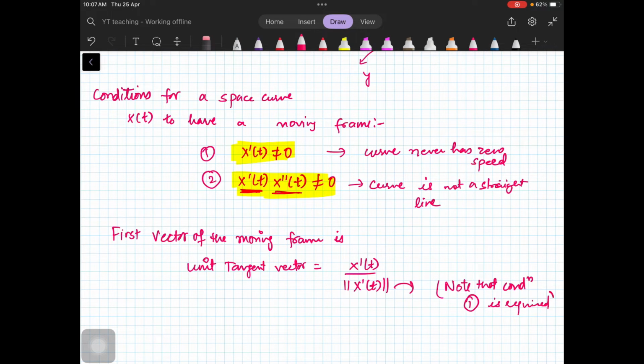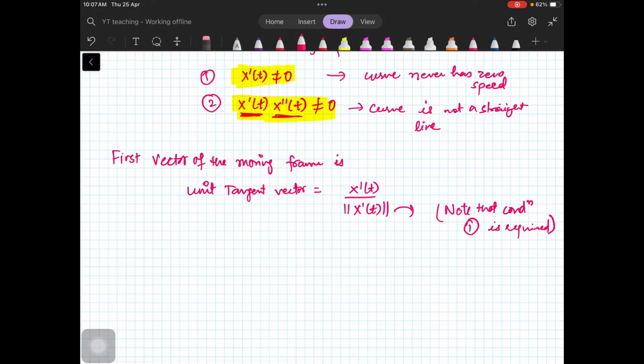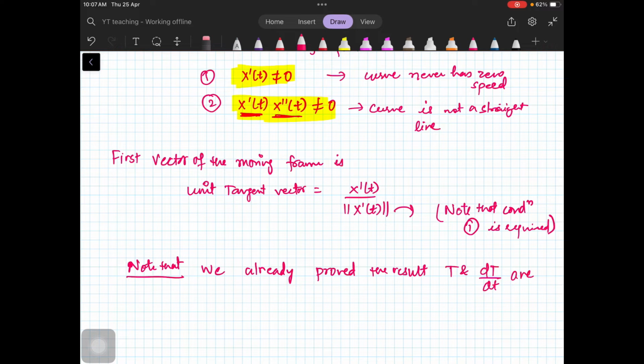Okay, fine. In a video two videos before this one, we already proved the result that T and dT by dt are perpendicular, orthogonal.